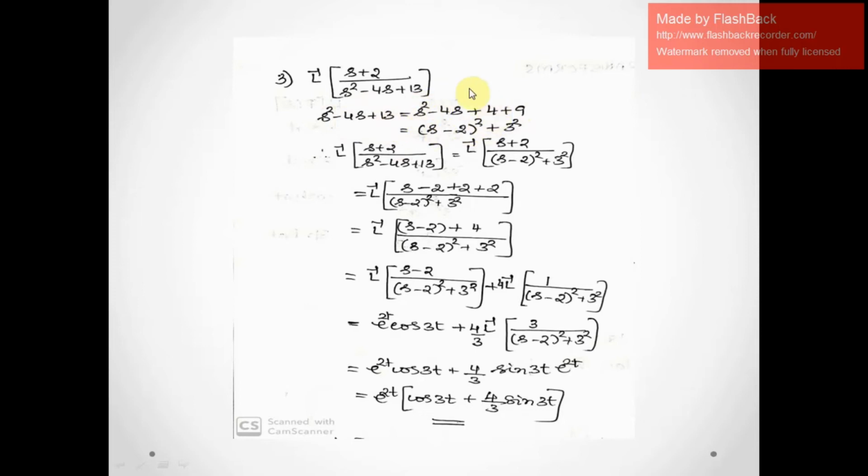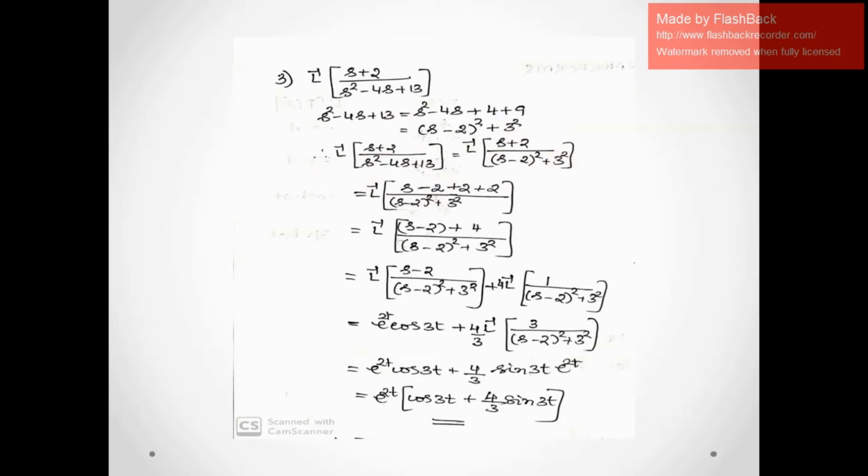So these three terms together will give s minus 2 whole square plus 3 square. So that L inverse of s plus 2 by s square minus 4s plus 13 is L inverse of s plus 2 by, substituting this term, s minus 2 whole square plus 3 square.